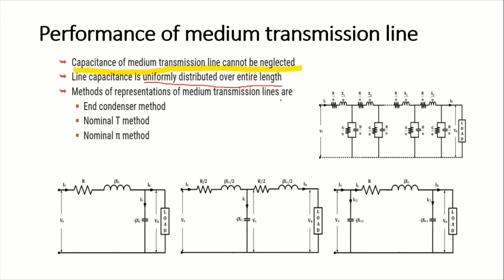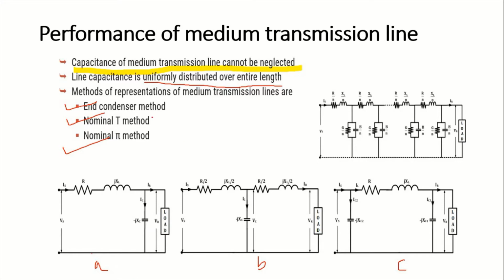The methods of representation of a transmission line are the end condenser method, nominal T method, and nominal pi method. Here are the figures A, B, and C. Figure A is the equivalent circuit of the end condenser. In this method, the capacitance is connected to the receiving end side.